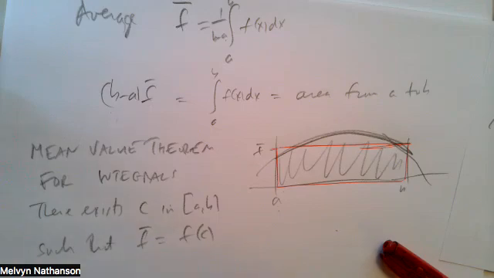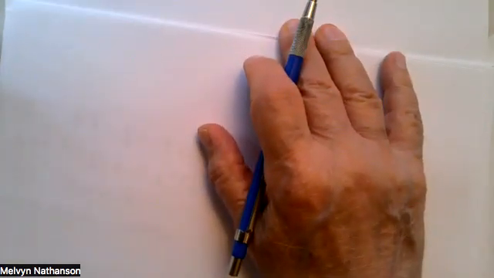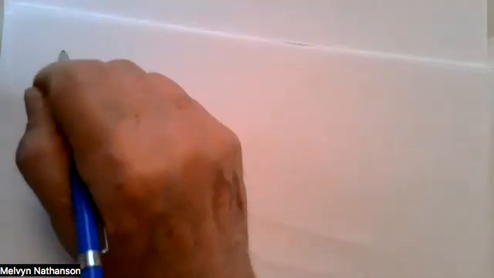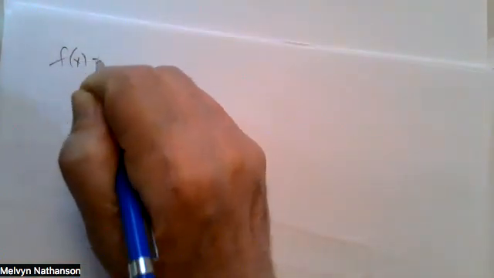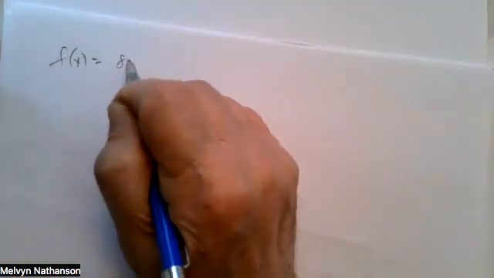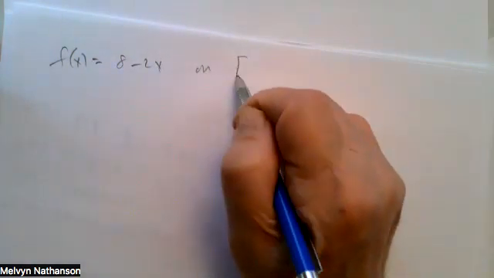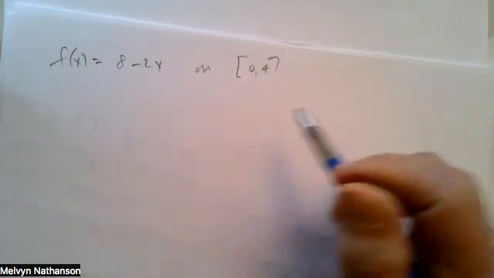So we might try to do a problem that uses this mean value theorem. Suppose we have f of x is the function 8 minus 2x on the interval from 0 to 4.